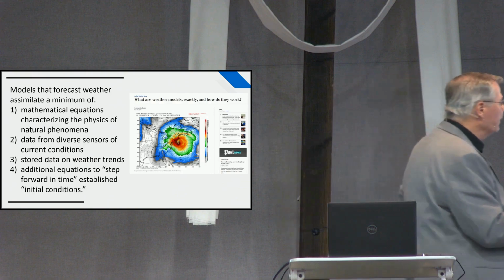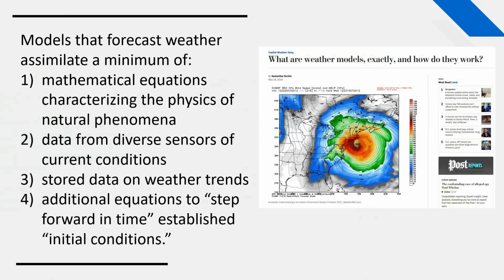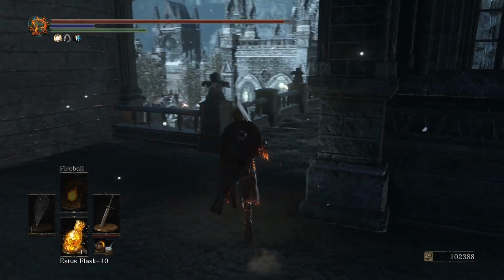First, somebody, probably some physicist, came up with mathematical equations characterizing the physics of natural phenomenon. In other words, they studied clouds and they made up physical models in math to model what clouds do, wind does, humidity does, temperature does, all of these things. Some physicist. We get it.